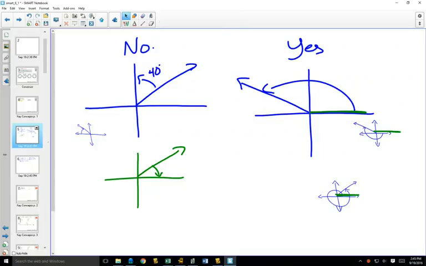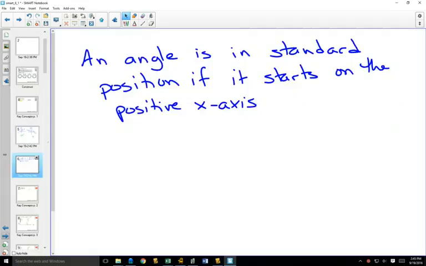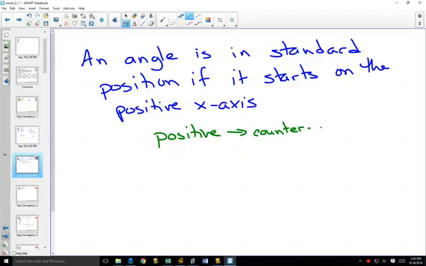Anytime that you have an angle in standard position, it will be a positive angle if you're going counterclockwise. That means starting here, going this way.